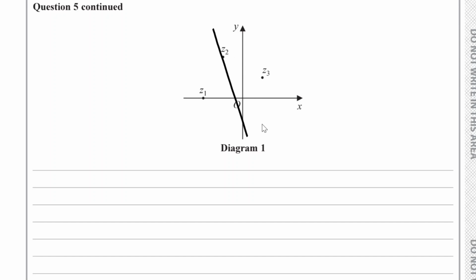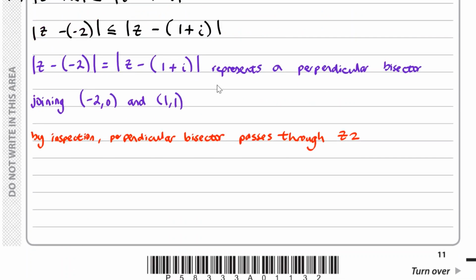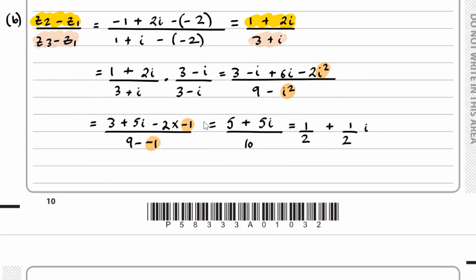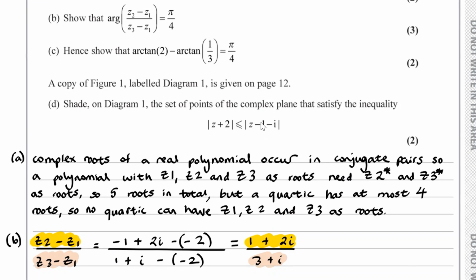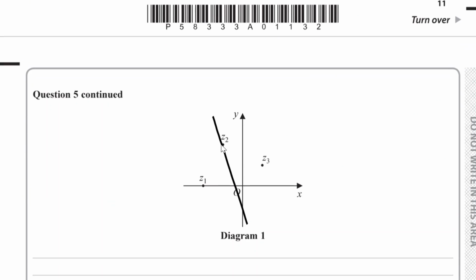So I've drawn that perpendicular bisector, and if I can change this colour to a grey colour. Now in terms of where we shade, in this question we're looking at where this bit is greater than this bit. So in terms of where we shade, the region we don't want is all here.